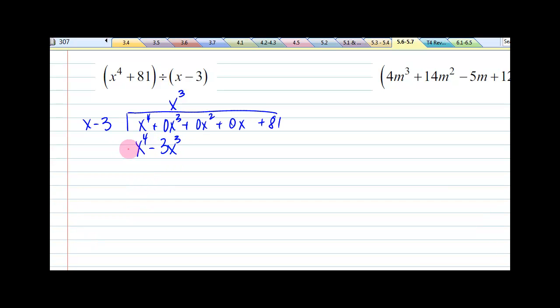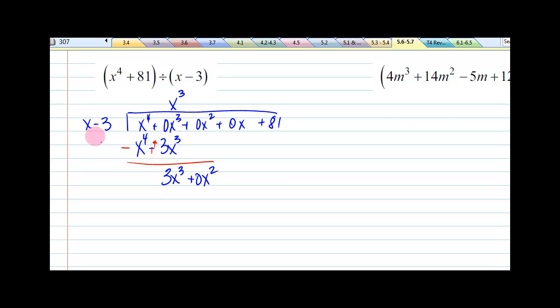I'm going to subtract the second term, which means it changes to plus. So I'm subtracting here, changing the sign, and really adding on this one. So I get 3x cubed, and I need to bring down this 0x squared.